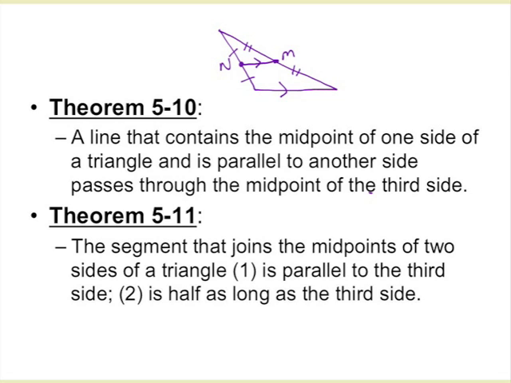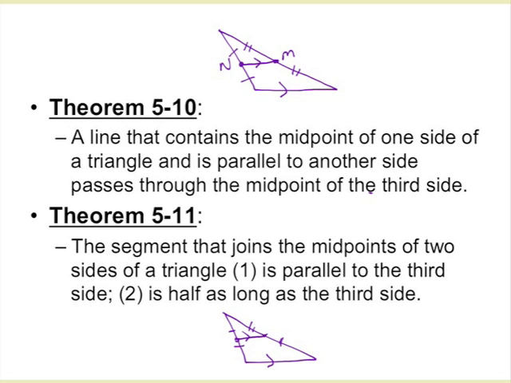Theorem 511 starts almost as a converse to that. It says the segment that joins the midpoints of two sides is parallel to the third side. So in drawing that out, we get pretty much the same picture, it's just different given information. In Theorem 510, we knew we had one midpoint and a parallel.